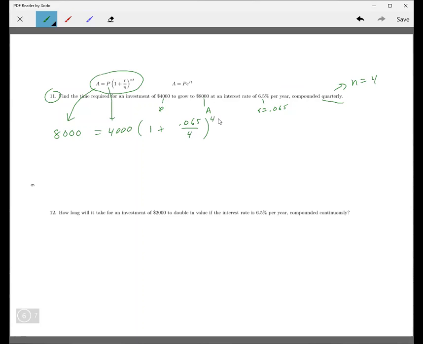So that's 4 times t. Okay, great. Now, we can cancel those, and then 8 divided by 4 is 2, so that's 2 equals 1 plus 0.065 over 4 to the 4t.